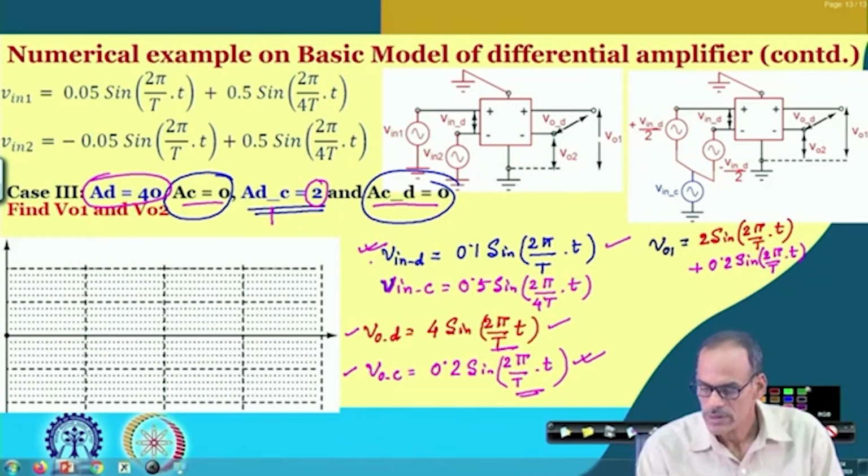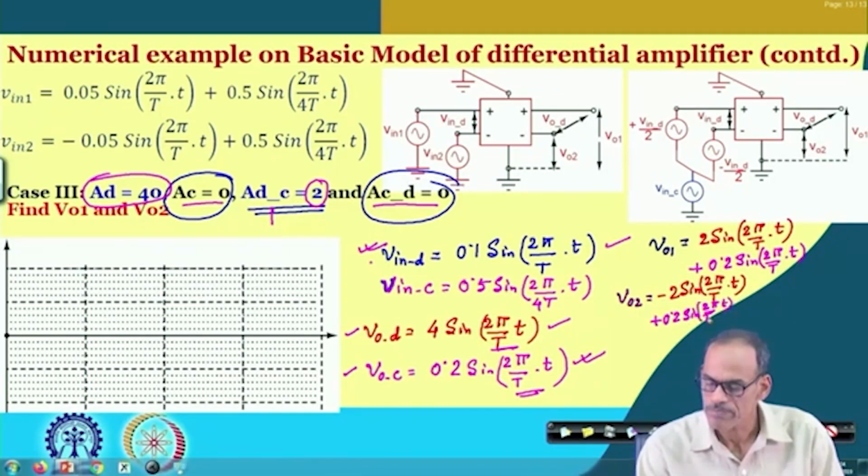On the other hand, the other output VO2 equals minus 2 sin 2 pi by capital T into small t, but then plus 0.2 sin 2 pi by t into small t.